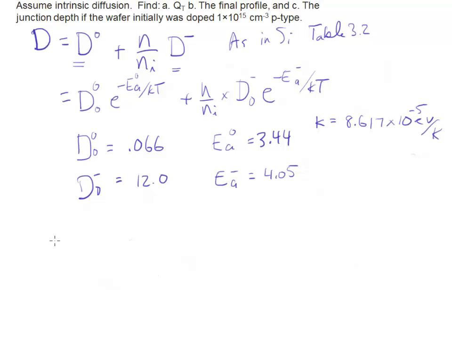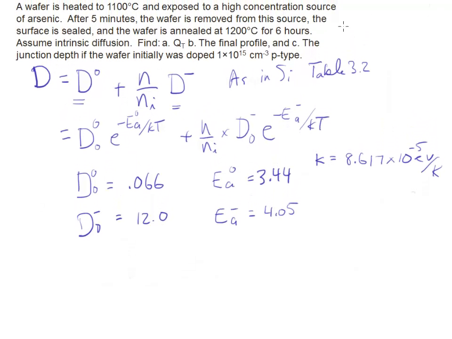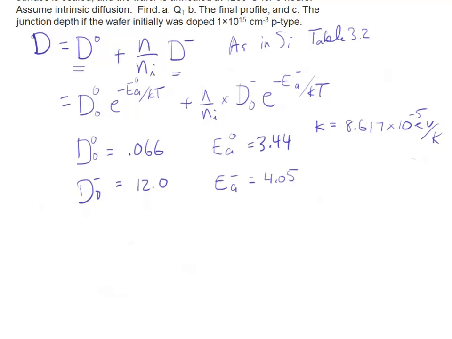So first thing we might want to do is calculate a couple of kT values. I'll calculate a kT value for 1100 degrees and another one for 1200 degrees, and then we can plug those both in here and get the diffusion coefficients for both of those cases.